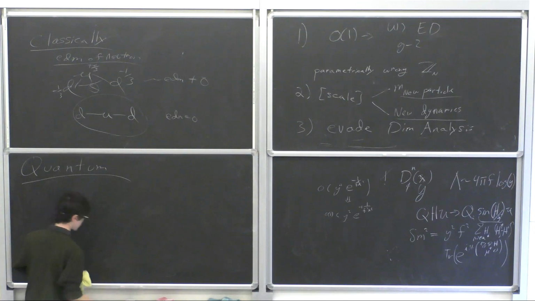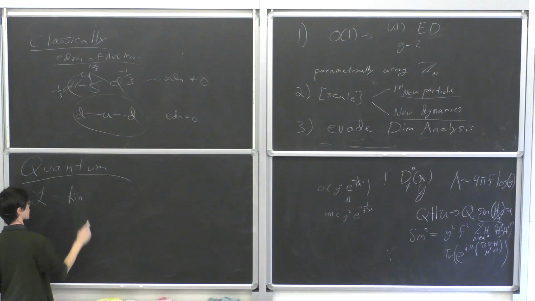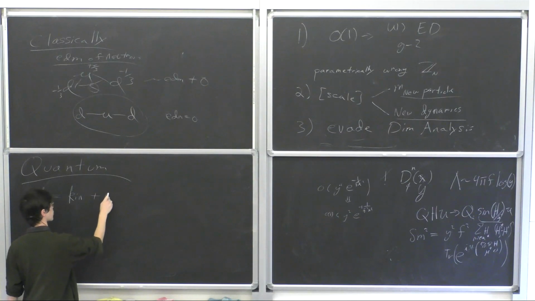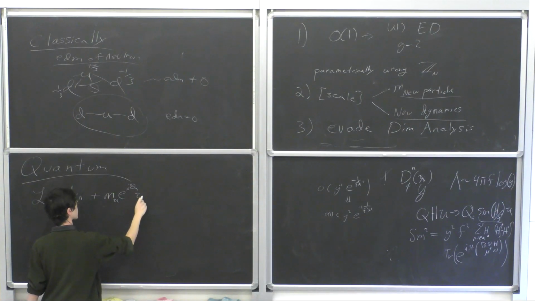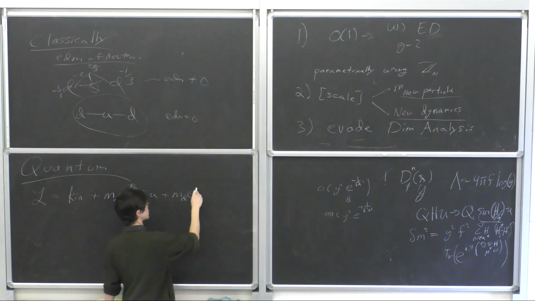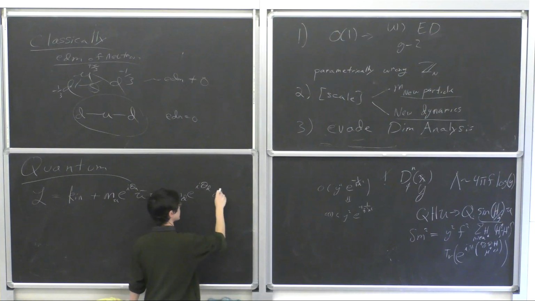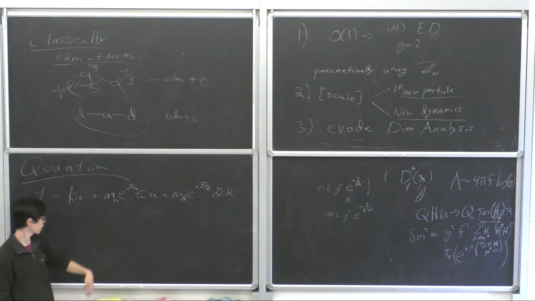So the statement is my Lagrangian for the neutron involves the kinetic terms, involves a mass term for the up quark, m_u e to the I theta_u u u-bar, plus m_d e to the I theta_d d d-bar.